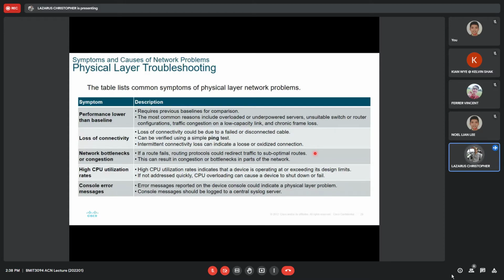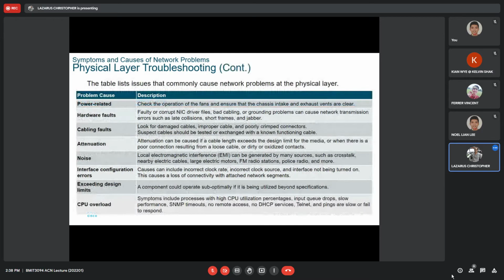The server is more critical. Console error messages can happen. That could mean a physical layer problem, disconnection, or a security problem, like we talked about earlier. Usually these console messages are sent to the syslog server, so you can go to the syslog server to check the logs.